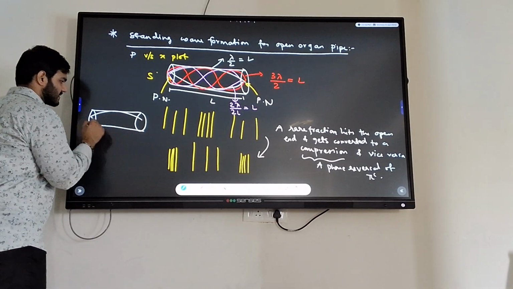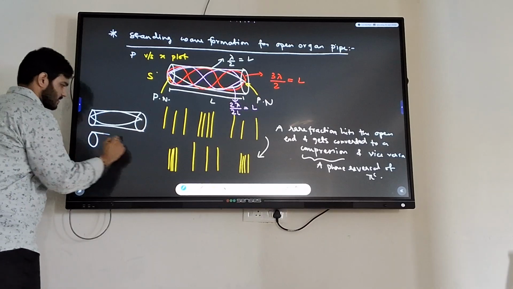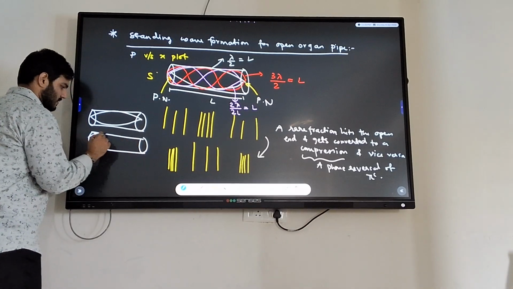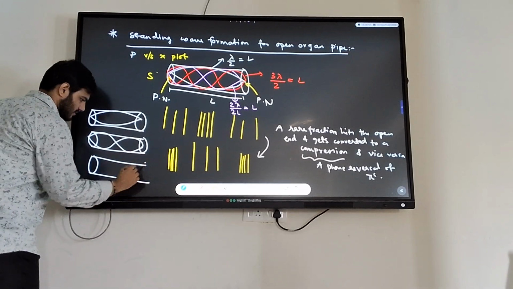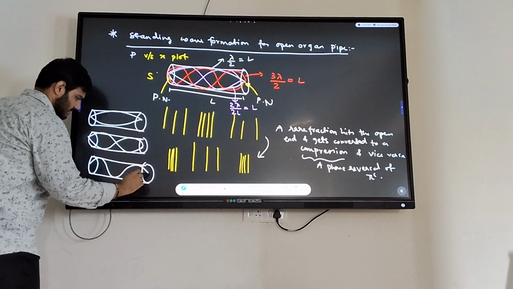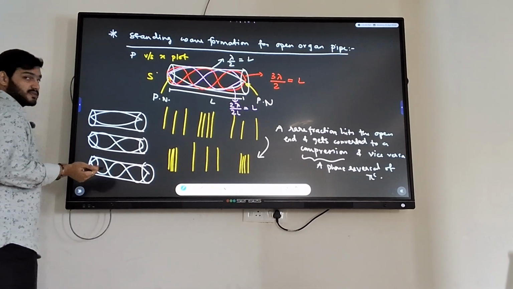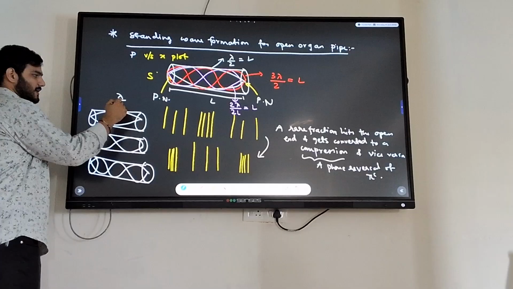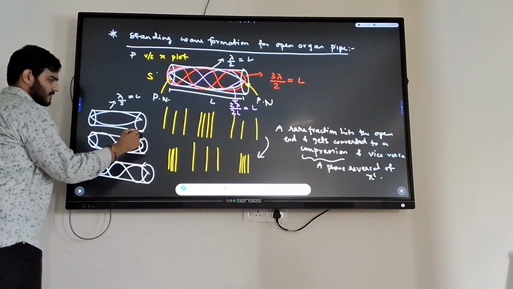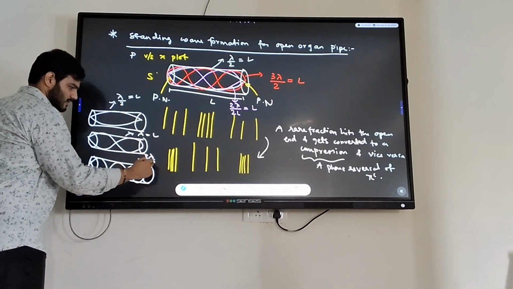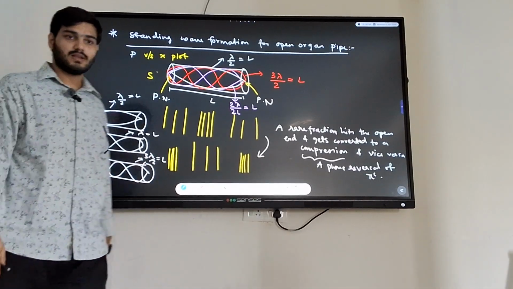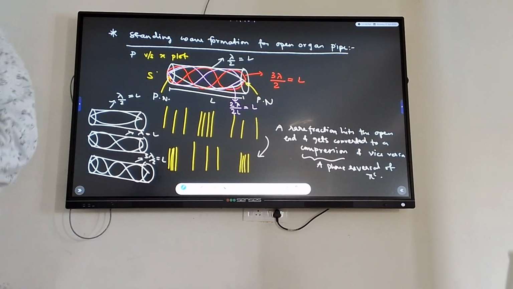One of them will be like this, one of them will be like this, and one like this. Here lambda by 2 equal to L, here lambda equal to L, here 3 lambda by 2 equal to L. Okay, so please make the diagrams neatly and separately. Once you are done, then tell me.